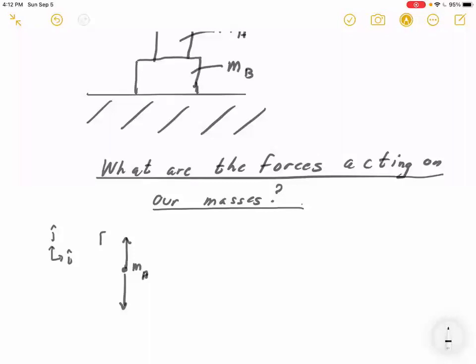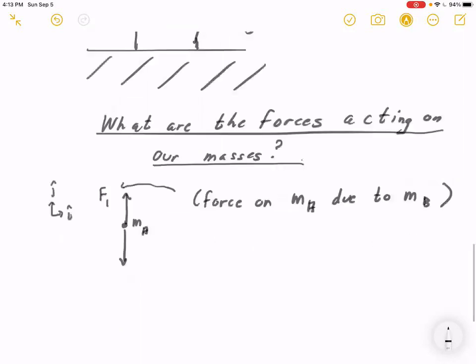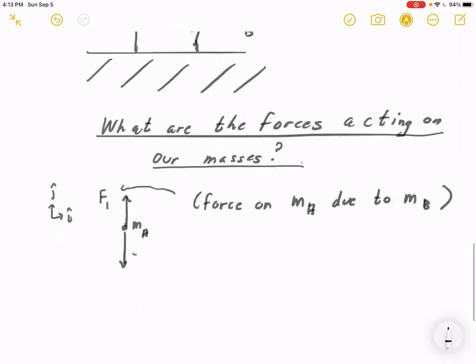So there's a force, F sub 1, and it is the force on mass sub A due to mass sub B. And similarly, there's a force which we'll call W sub A, and it's just the force due to gravity on mass sub A.